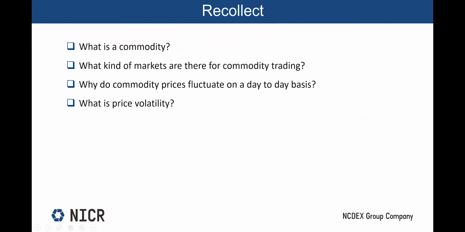So just to recollect, we understood what a commodity is in its basic terms, and what kinds of markets there are for commodity trading, the physical and the virtual. We also understood one of the most important points: why commodity prices fluctuate on a day-to-day basis, and what the major factors could be. We also saw that unidirectional price movement is not price volatility.